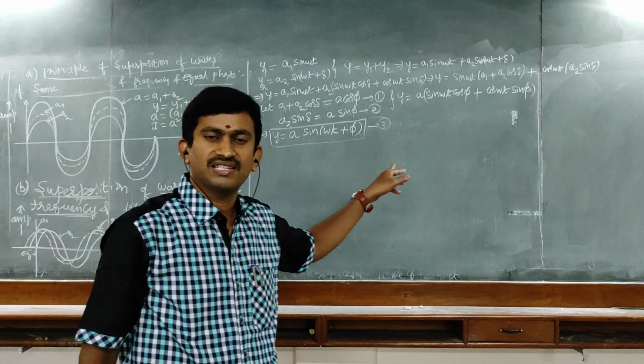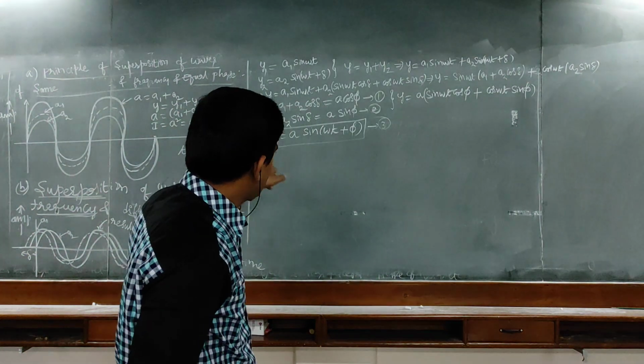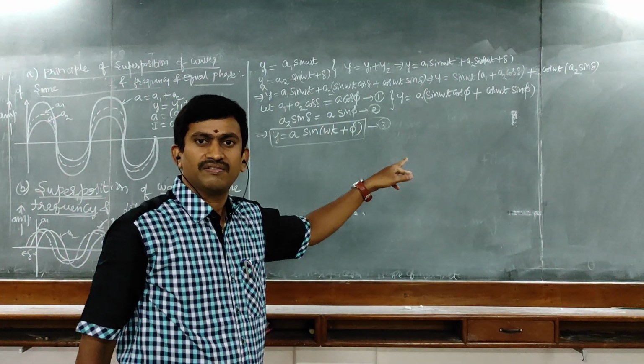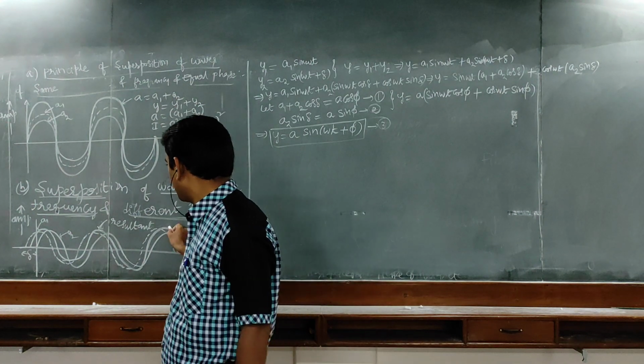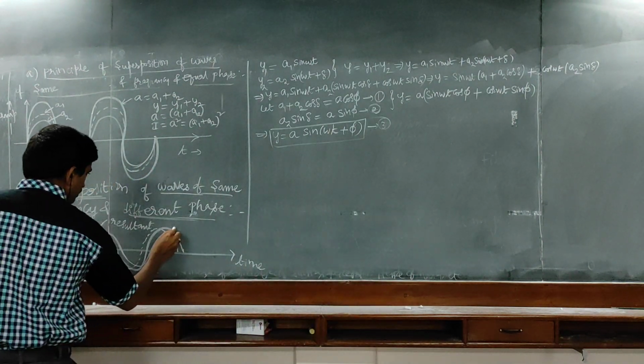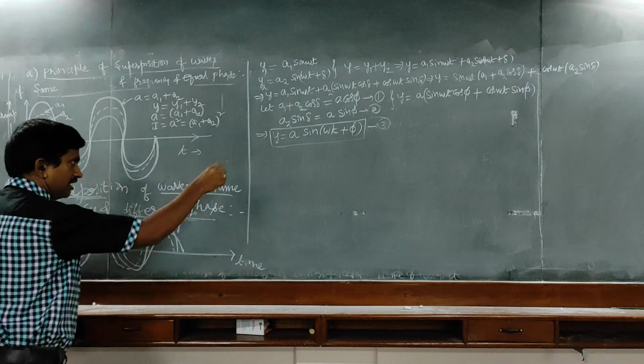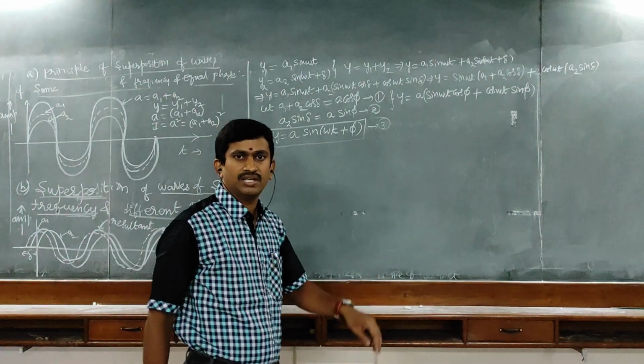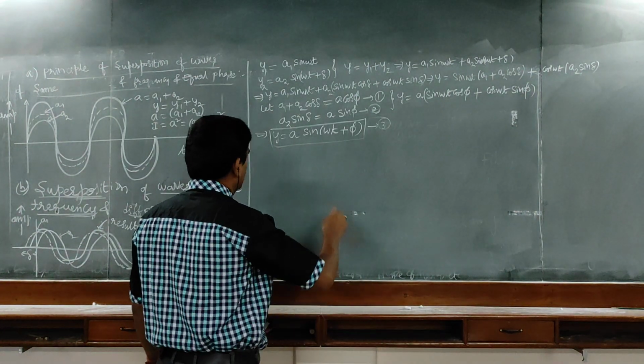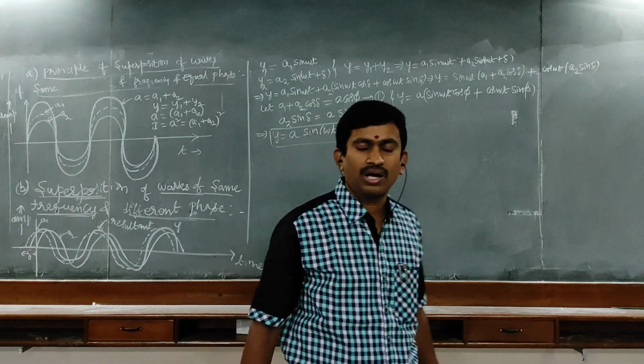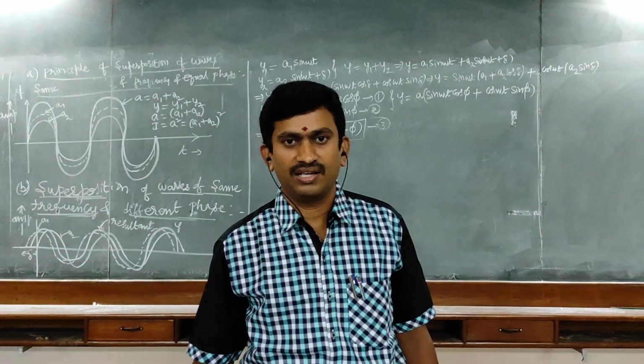So this equation 3 represents the displacement of the resultant wave, which we already represented here. Now I want the amplitude of the resultant wave.